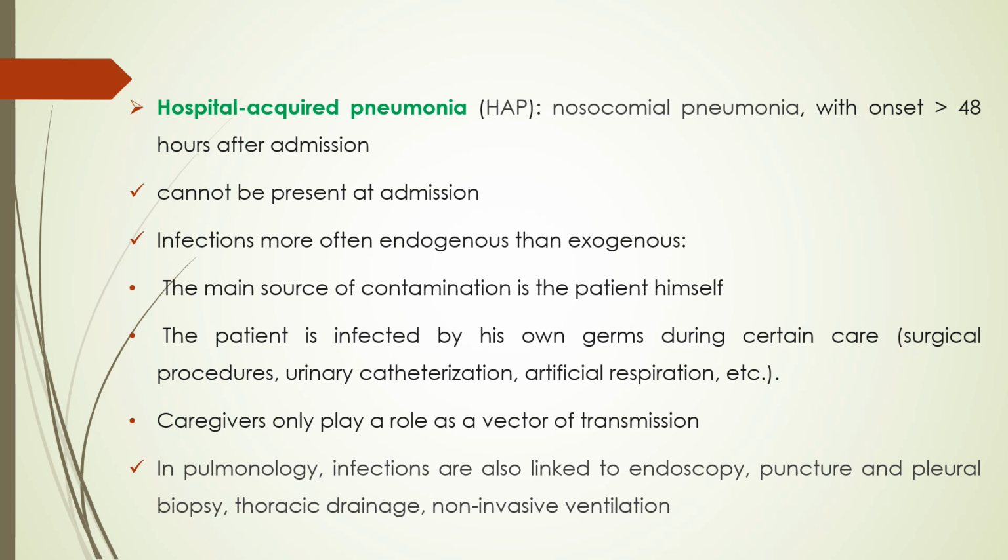It cannot be present at the admission, and those infections are mostly endogenous, where the source of contamination is the patient himself, or exogenous, where the patient is infected by his own germs during certain cares like surgical procedures, urinary catheterizations, and artificial respiration.